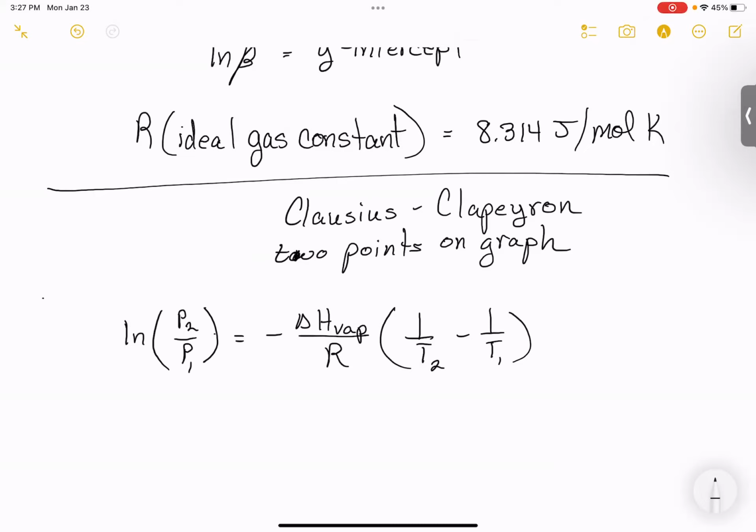This can be used to figure out the enthalpy for a substance, or it can be used to figure out the new pressure or the new temperature of a substance due to a change. Yes? Vaporization, VAP.